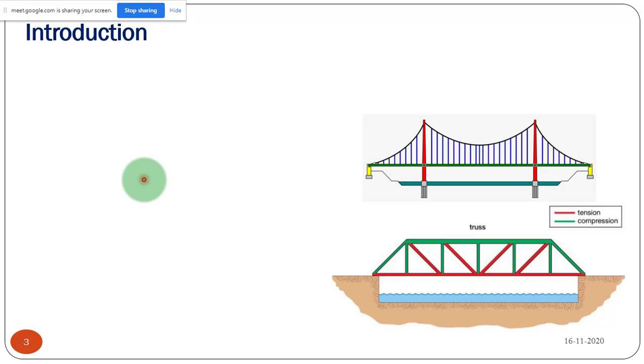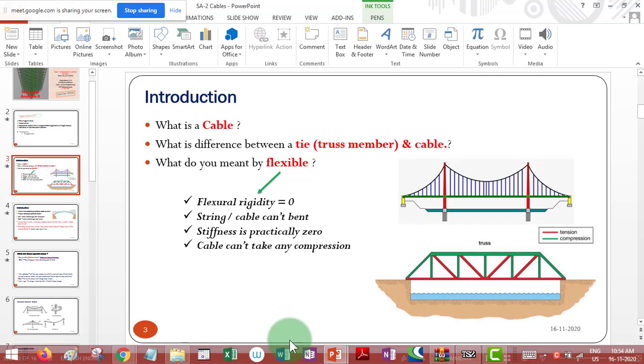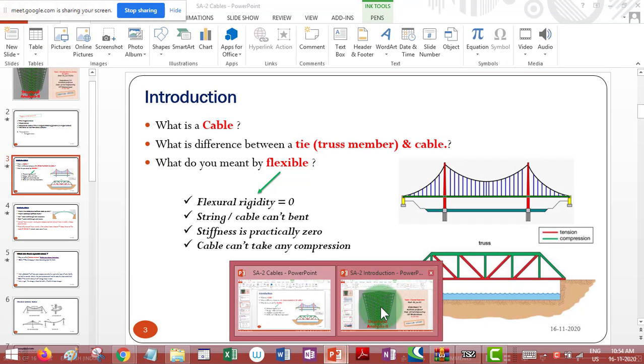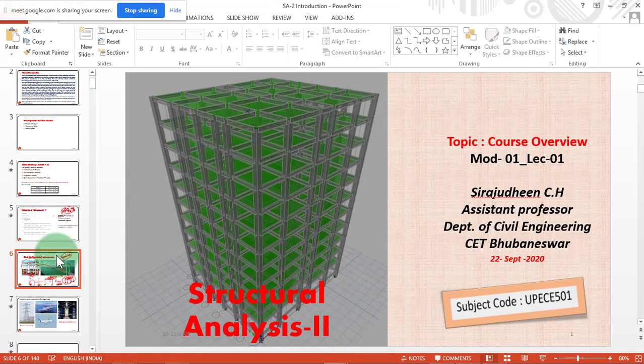Even though they look different, the analysis, how the force is transferring, how the force is resisting, or how the load is transferred in these structures is in a similar way. So we'll have an introduction class with common discussion of arches and cables. Many times we can compare these two to have a better understanding. I think you may know what arches and cables are. We had some discussion of the term cables in the introduction class also.